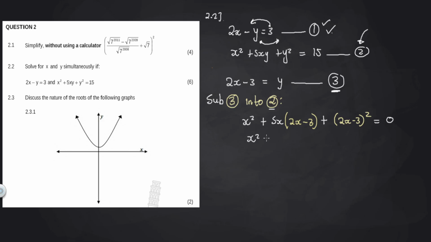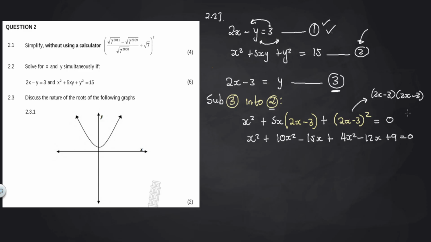Then we have x squared plus, we distribute: 10x squared minus 15x, plus 4x squared minus 12x minus 12x plus 9, equal to, of course, the brackets 2x minus 3, 2x minus 3.